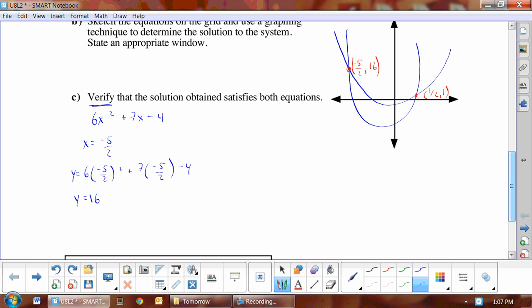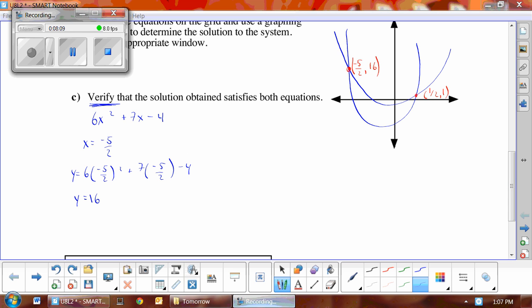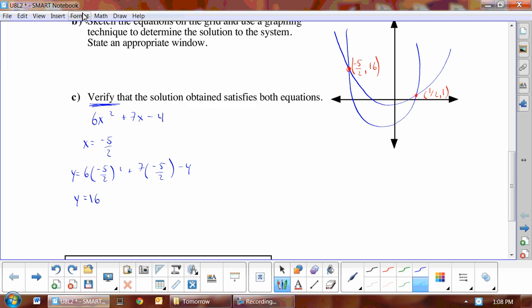Yep, just like the question's asking. Okay, so we verified 1 and we find, oh, awesome. Matches with our coordinates, just like it should. If it doesn't, check your work. Something is seriously awry. And then we say, okay, 1/2.